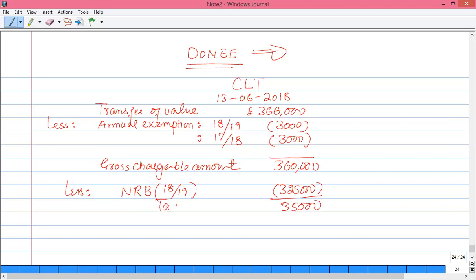This is the taxable amount, and on it we pay IHT at the rate of 20%. Why 20%? Because the donee is paying tax. 20% of this is 7,000. 7,000 is the inheritance tax payable, to be paid by the donee.